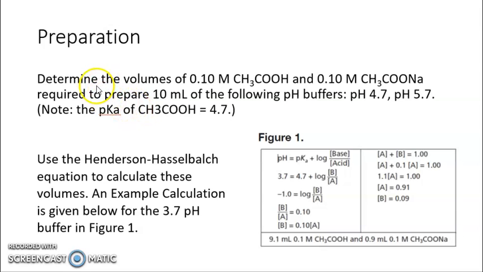So in this lab, you're asked to prepare 3 buffers, and that's part of the preparation. You do this before you start actually executing the different activities. And you're asked to determine the volumes of 0.1 molar acetic acid and 0.1 molar sodium acetate required to prepare 10 mLs, so you have a known volume, of the following pH buffers.